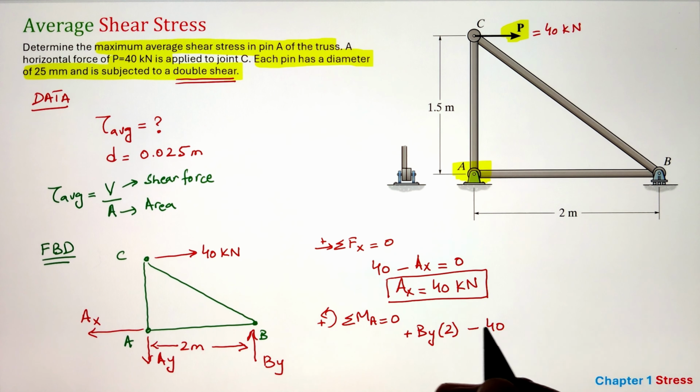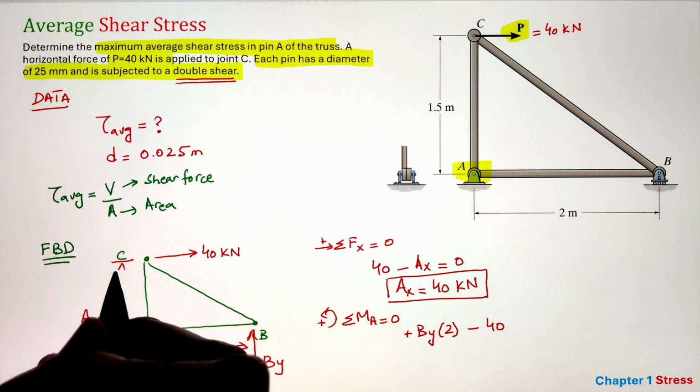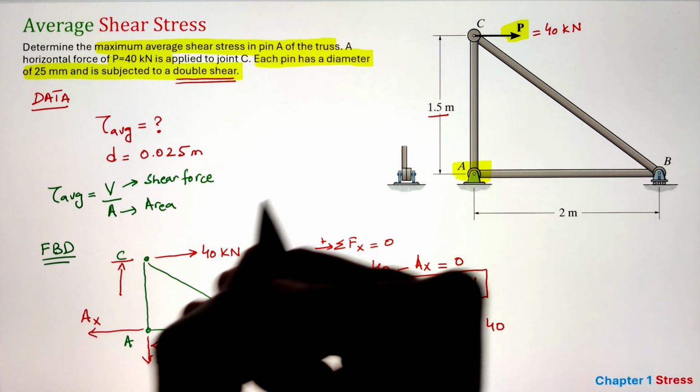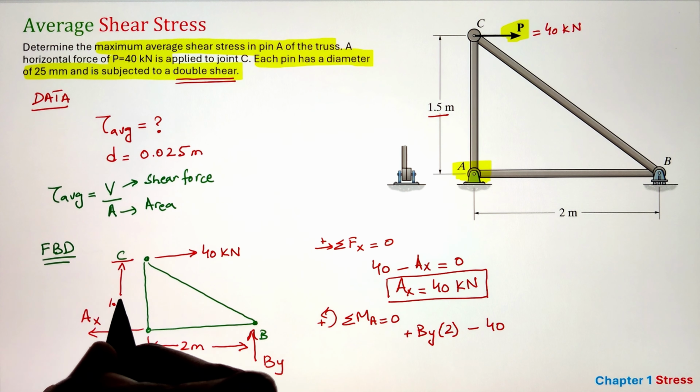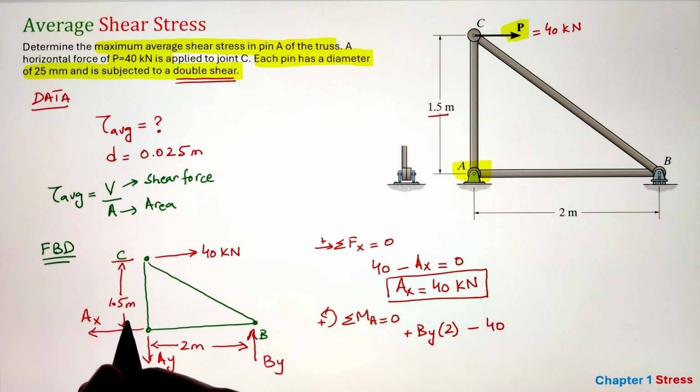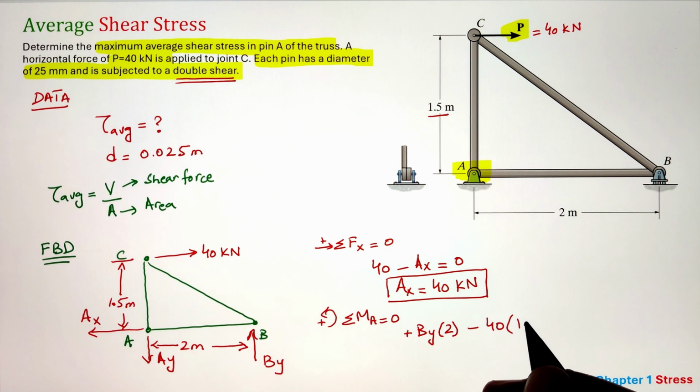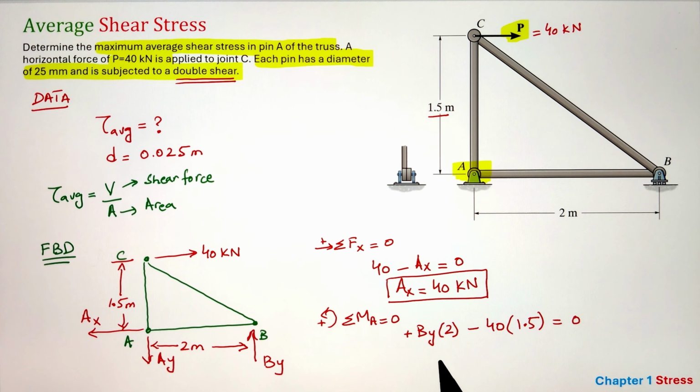Now, the sign convention here I have is counterclockwise is taken as positive, whereas the 40 kilonewtons is going to create a clockwise moment with respect to point A with a moment arm of 1.5 meters. Simplifying, we get the value of BY as 30 kilonewtons.